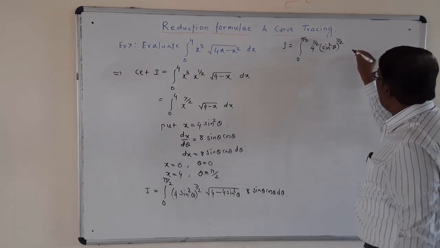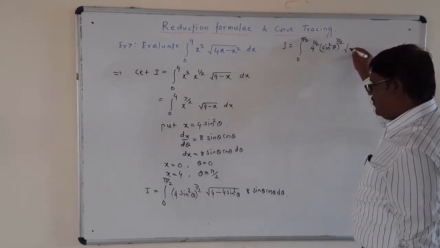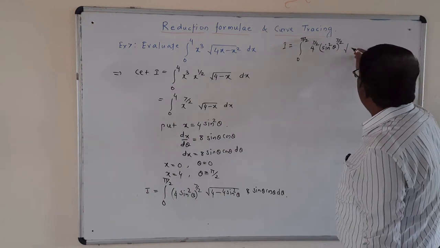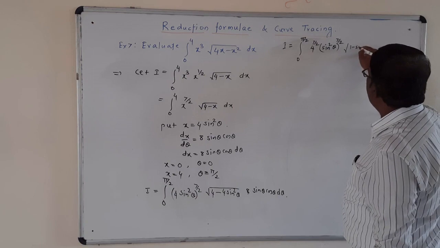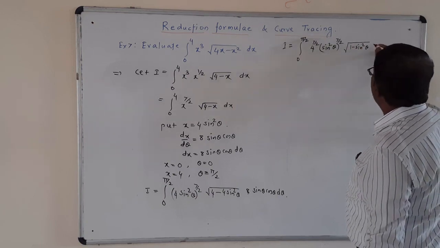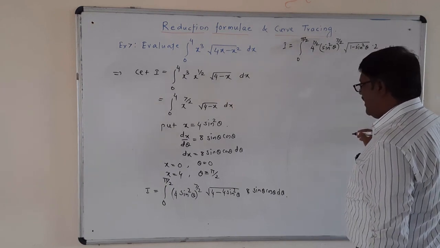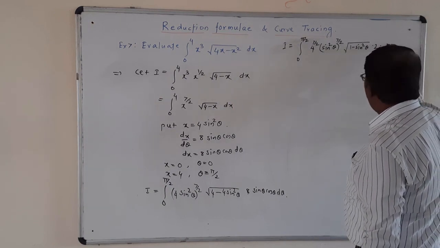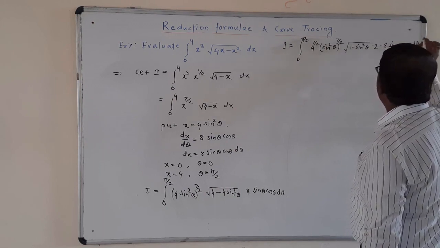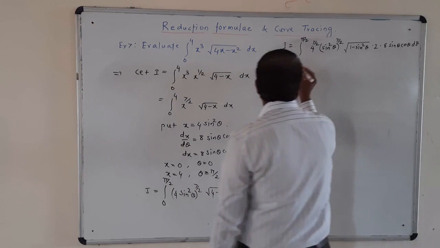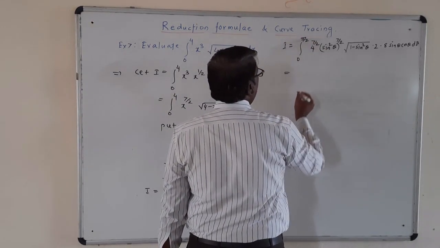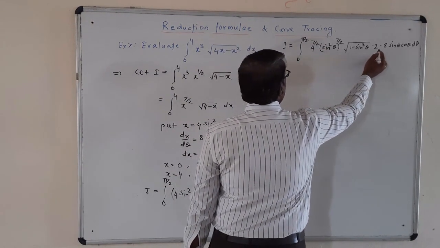Next, root of, if I take 4 outside from the square root, then it will be 1 minus sin square theta, and then 4 raised to half can be written as 2, again into 8 sin theta cos theta d theta. Now when we simplify this, here it is 4 raised to 7 by 2 and again here it is 2.